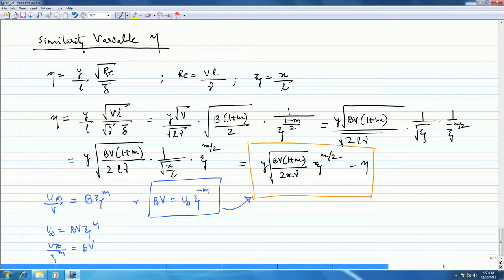Then therefore eta is equal to y, under root of (1 plus m) by 2 x nu, b v is u infinity zeta to the power minus m, and this is zeta to the power m by 2. So if I do that, this makes it simple, hopefully you can see that.